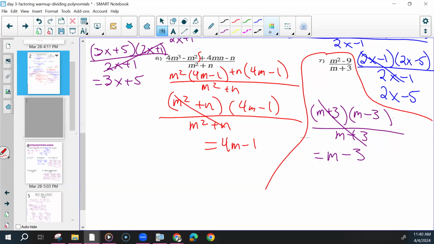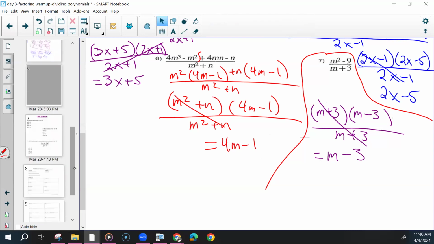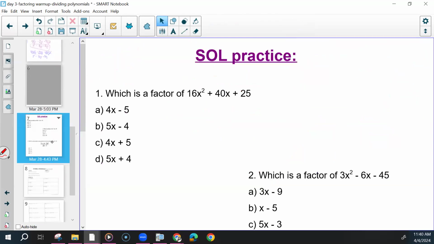Okay, if you don't have an iPad, go grab one. All right, we're gonna do number 1 on this SOL practice page in Desmos.